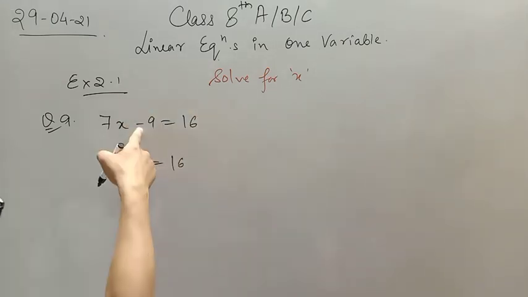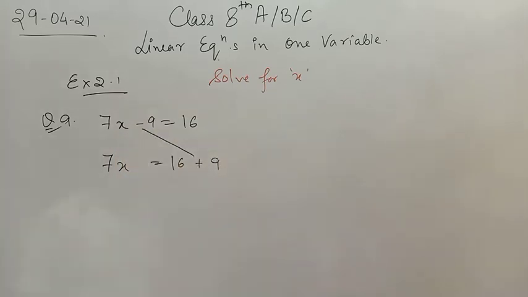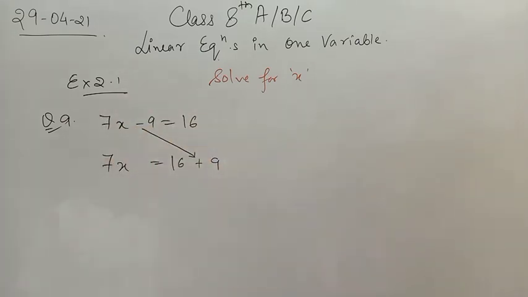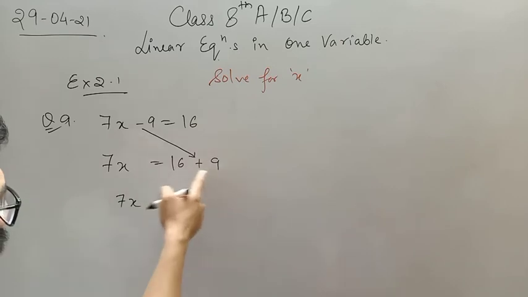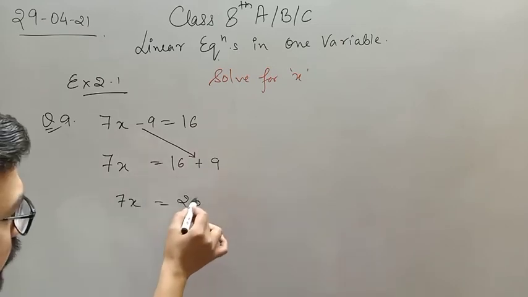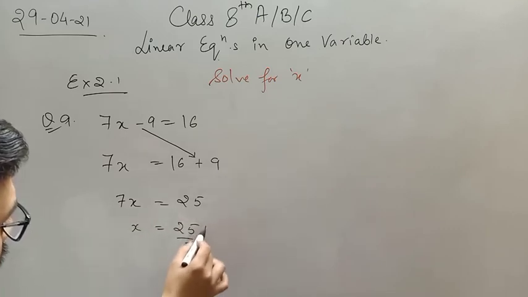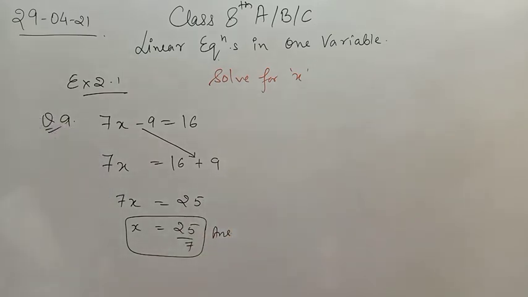So this is minus sign, so here it becomes positive 9. It is negative, now it becomes positive when I transpose it to the opposite side, right? So 7x is equals to 9 plus 16 is equals to 25. So x is equals to 25 upon 7. This is your answer. Note it down fast.